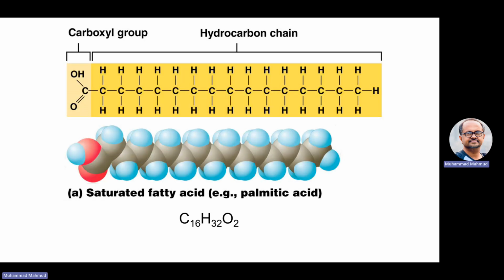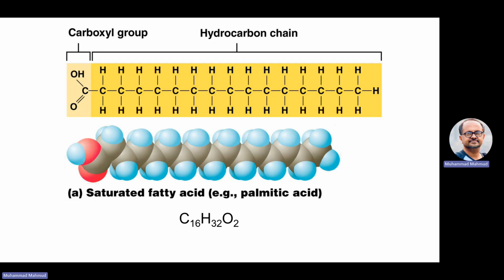For example, palmitic acid is a saturated fatty acid. Let's take a look at the structure of palmitic acid. Start with the carboxylic acid group on your left. You know this is the functional group, COOH. The rest is a very long hydrocarbon chain, all carbon, hydrogen, carbon, hydrogen.